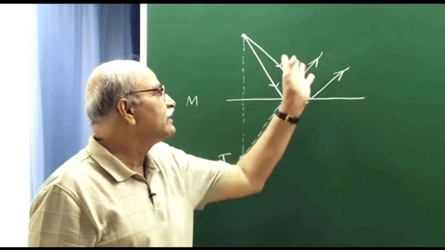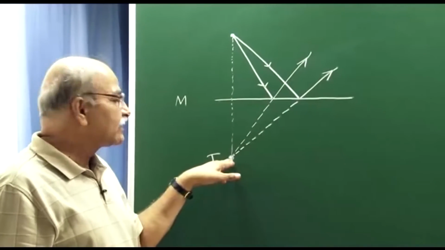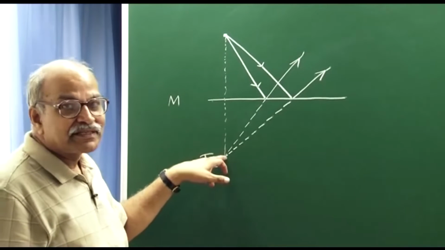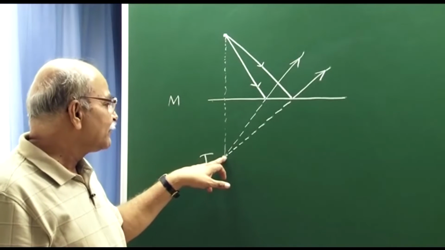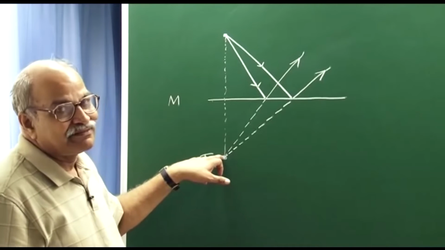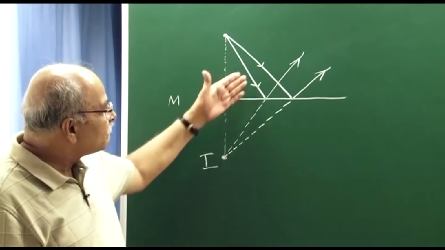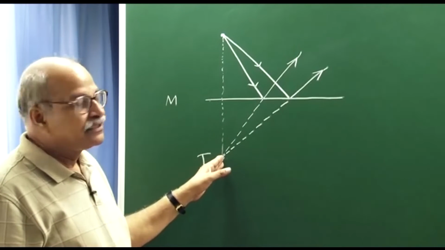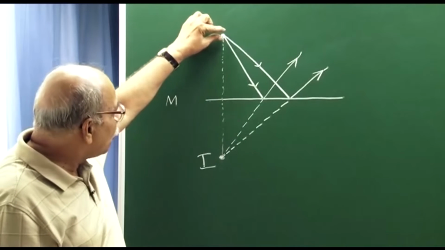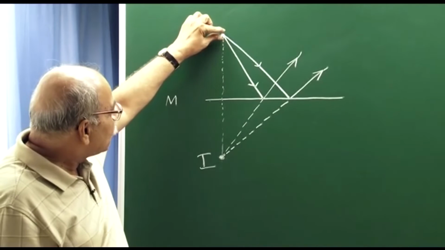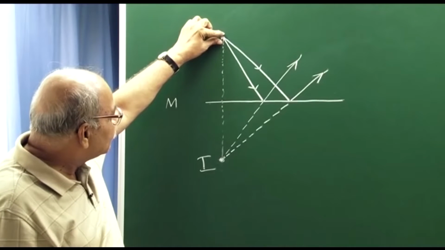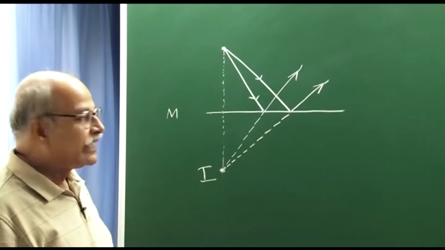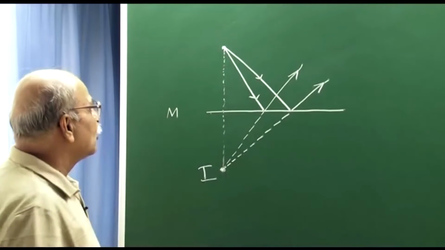The rays are going in this direction, but when you extend them, they intersect here. So this point is the point of intersection of reflected rays, and that is the image. All reflected rays intersect at the same point. So all rays starting from this object, after reflection, intersect at one point, and this is the image of this object.